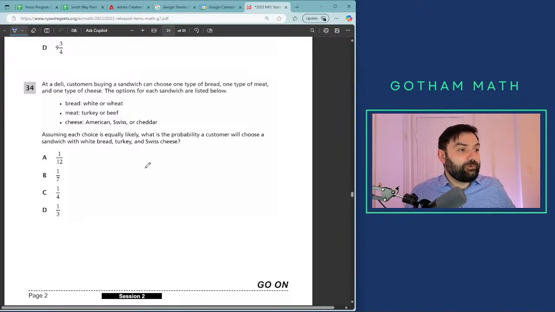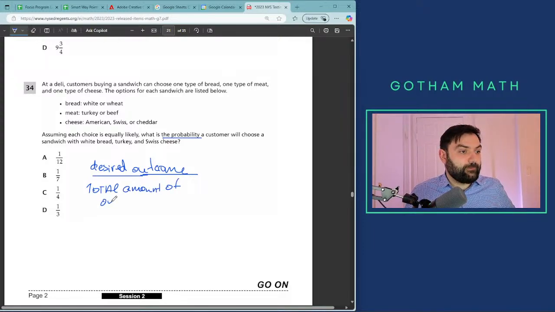Probability is desired outcome, what we need, over, not really divided, over total amount of outcomes. So this is generally everything that can happen, and this is specifically what we need.